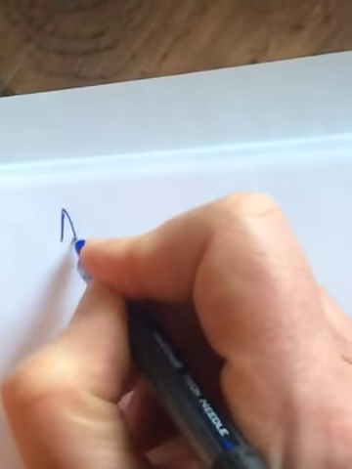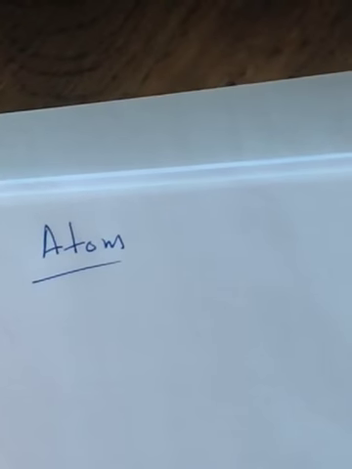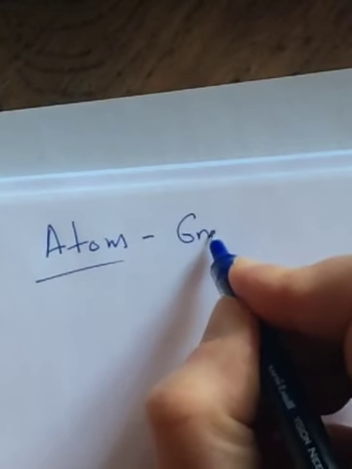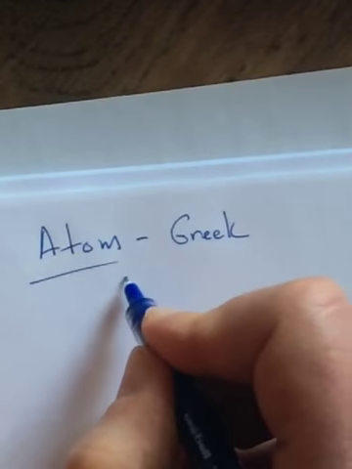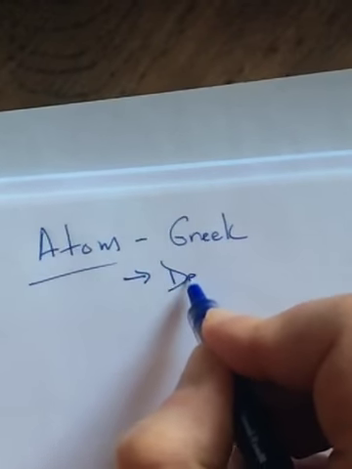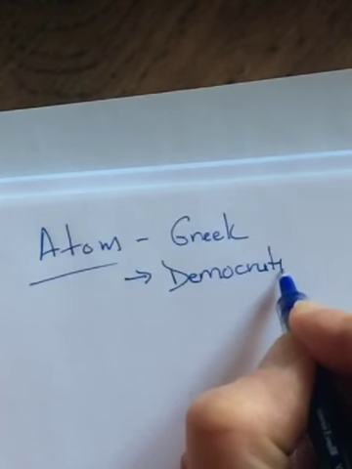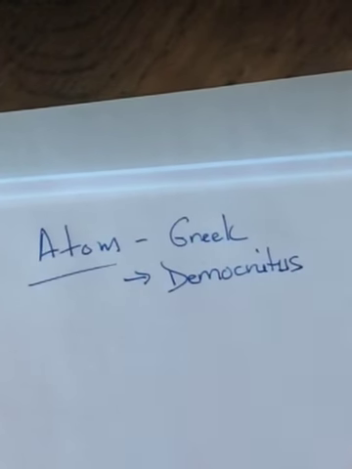So the first thing is, what the heck is an atom? It's a little history lesson here. The word atom is Greek, and it was first used by a Greek philosopher. If we were in class, I would make you guess which one, but it's Democritus.